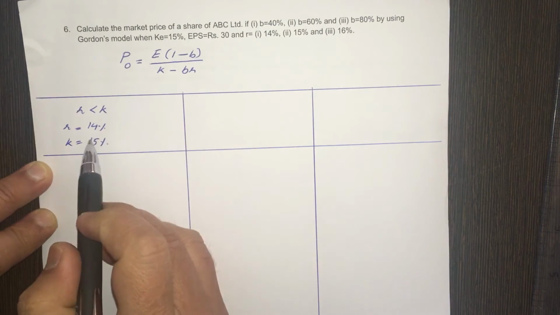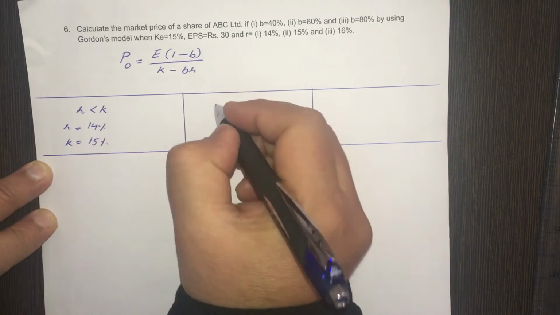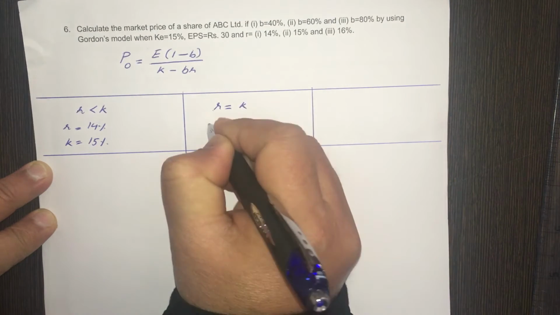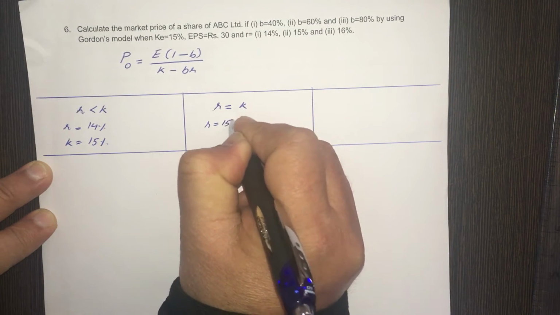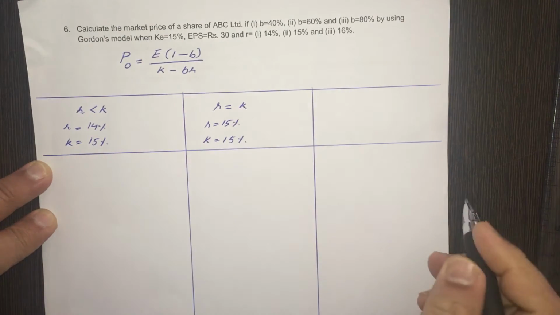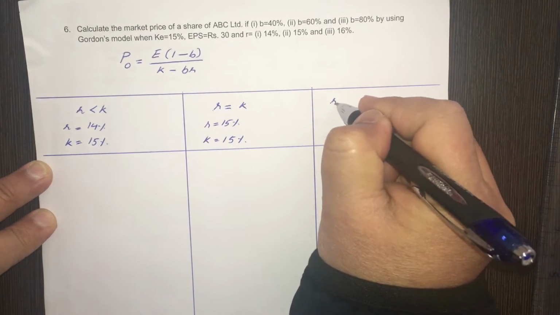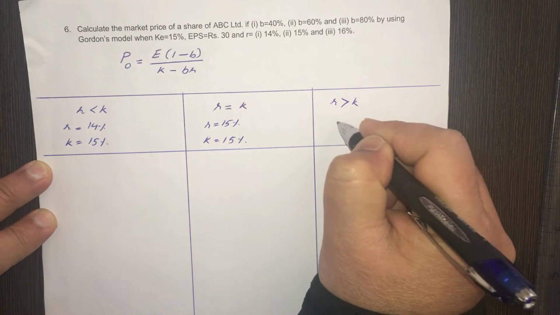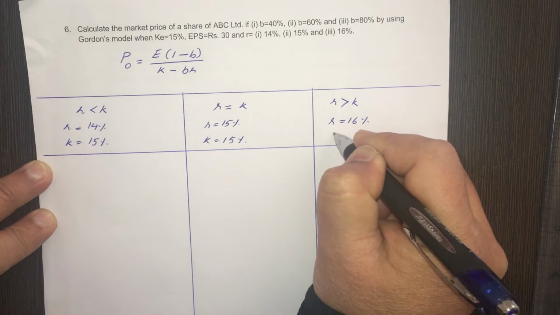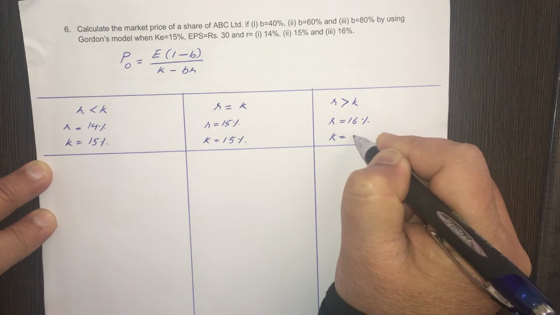So this is a declining firm when r is lesser than k. In the second instance, r is equal to k, where r is 15% and k is also 15%. And the third instance is where r is greater than k, where r is 16% and k is 15%.